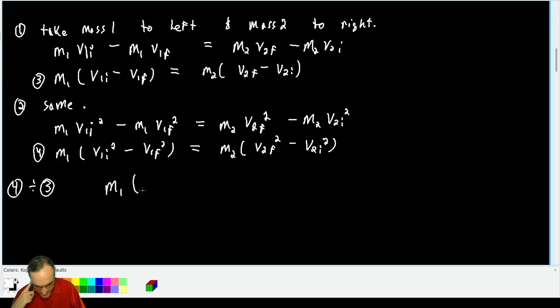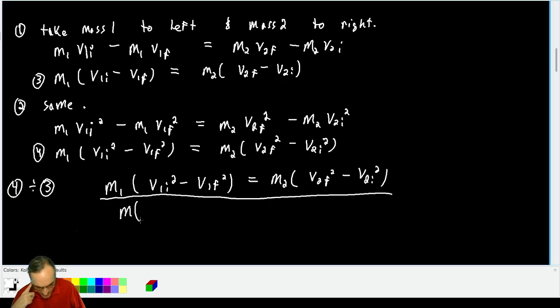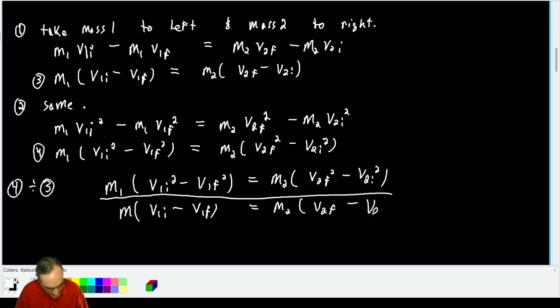So we'll have m1 (v1 initial squared minus v1 final squared) equals m2 (v2 final squared minus v2 initial squared), all over m1 (v1 initial minus v1 final) equals m2 (v2 final minus v2 initial). And you notice the mass cancels out.